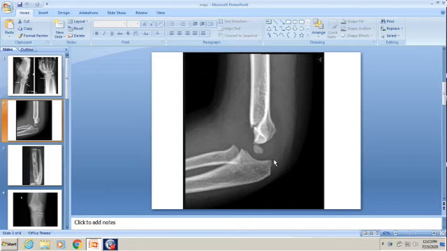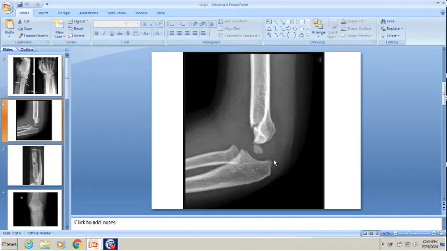Cubitus varus deformity, otherwise we call it gunstock deformity. What else? Myositis ossificans. So this cubitus varus deformity, why are we getting that deformity? What is the primary cause of the deformity? Deformity is what we see, but what is the pathology, or what is the disturbance that we are getting in the bone?